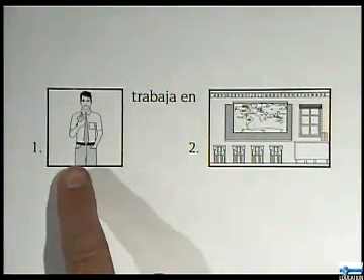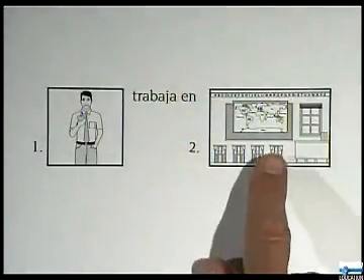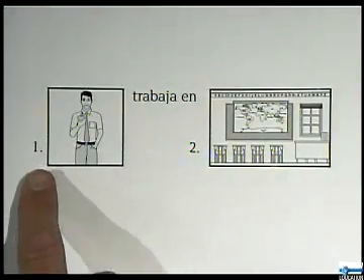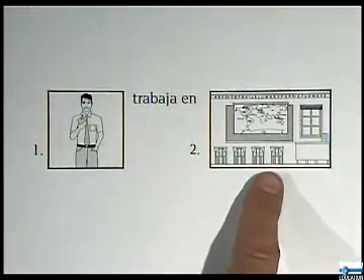This person, number 1, trabaja en number 2. Number 1 trabaja en number 2.